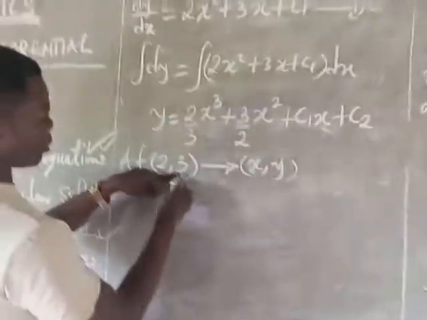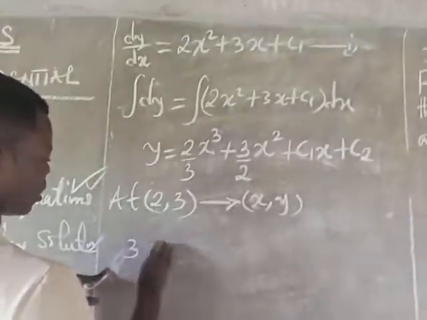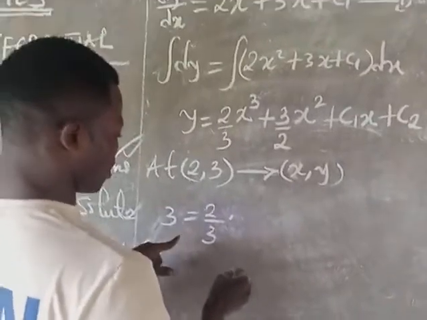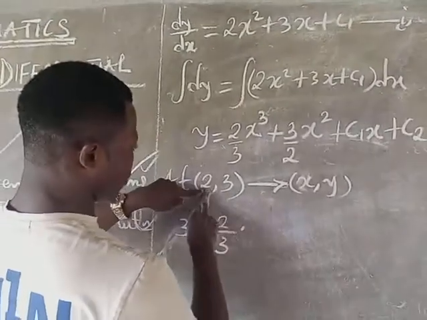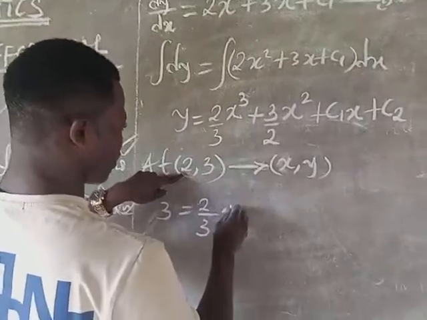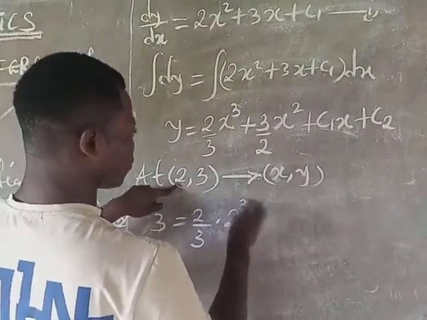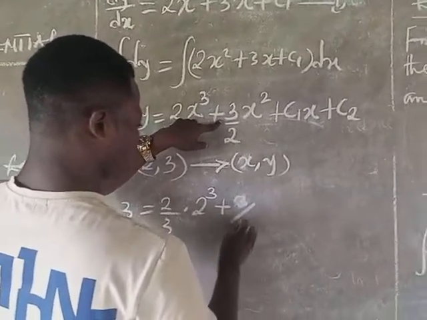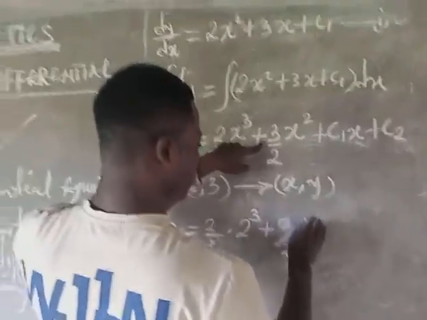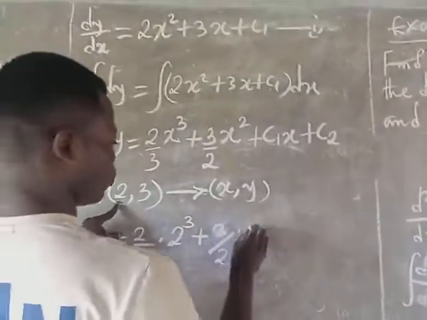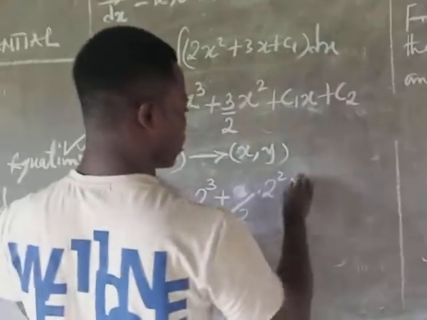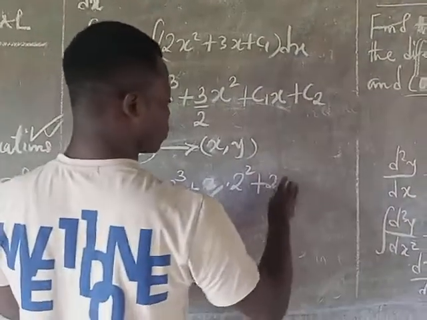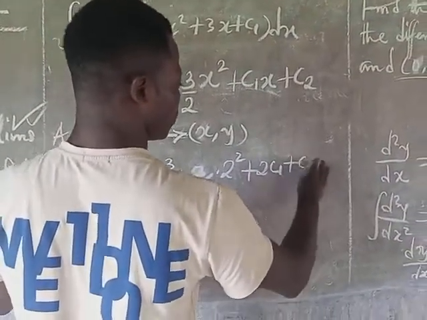When y is 3, we have 3 equal to 2 over 3 times our x, which is 2, so we have 2 raised to the power of 3, then plus 3 over 2 times x, which is 2 raised to the power of 2, then plus c1 times x, which is 2c1, then plus c2.